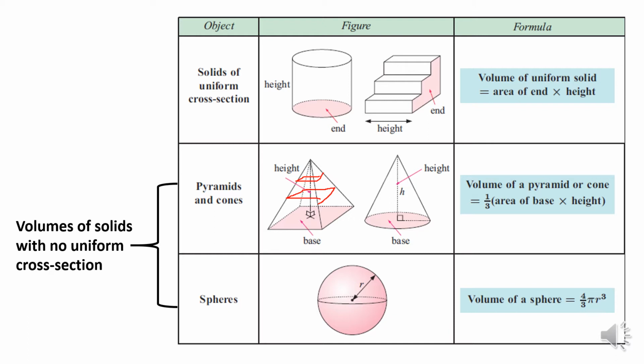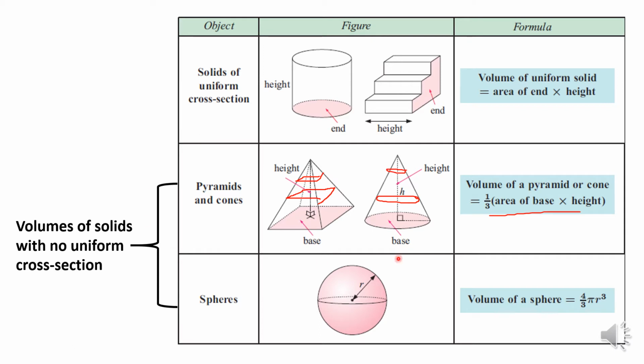So in that case, this is the formula you need to remember to find the volume of a pyramid or a cone, because they don't have a constant cross section. It's different every time. Can you see that? In order to find the volume of such, you just take a third of the area of the base and multiply that by the perpendicular height, not the slant height. And the volume of a sphere is found by the formula 4 over 3 pi r cubed.